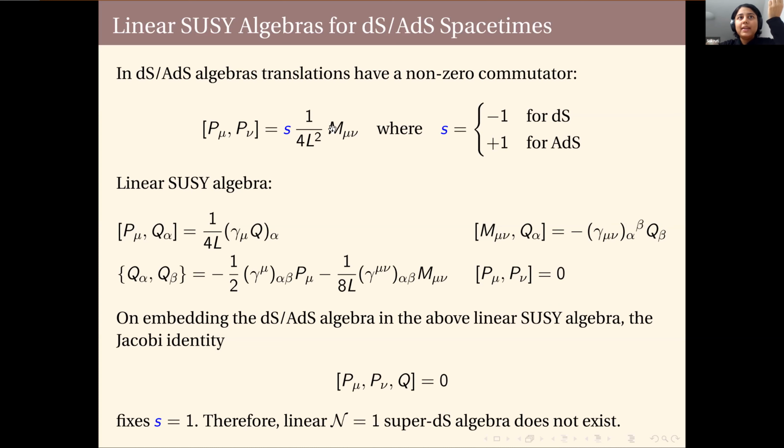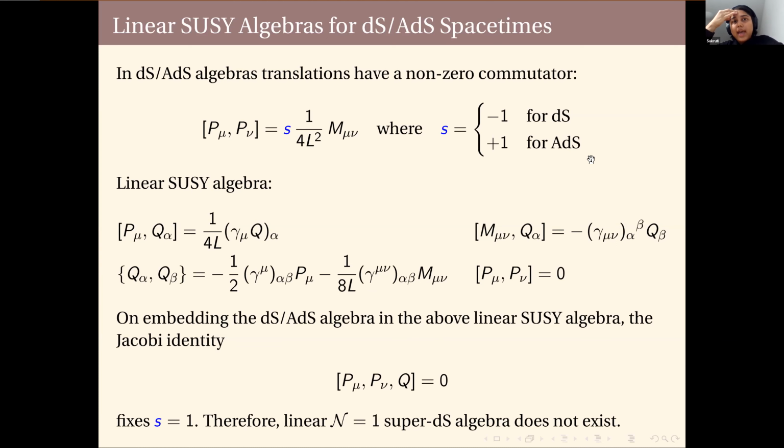When we try to embed the de Sitter or anti-de Sitter algebra into a linear supersymmetry algebra, and then compute the Jacobi identity, which is supposed to be obeyed by the algebra, we can put more commutator brackets here, and when we expand the identity, we find that this constant S takes the value +1, which corresponds to AdS spacetime, so a negative cosmological constant.